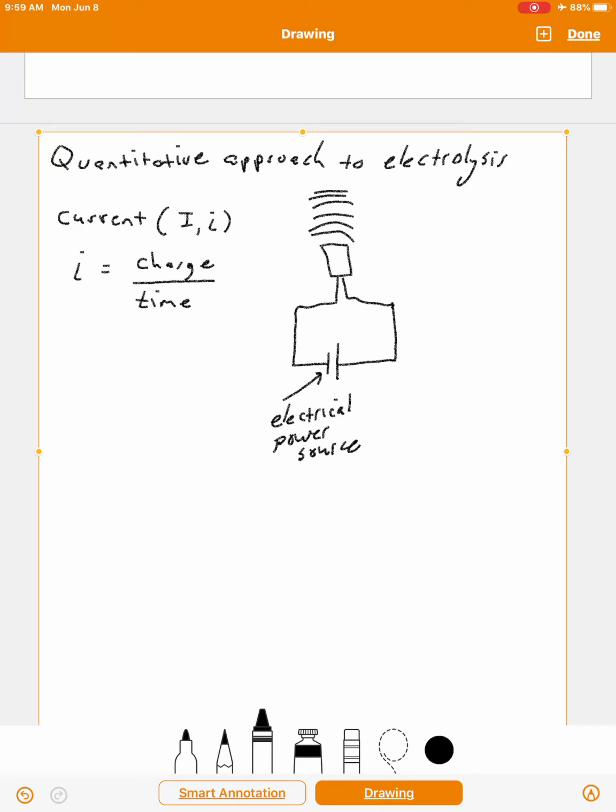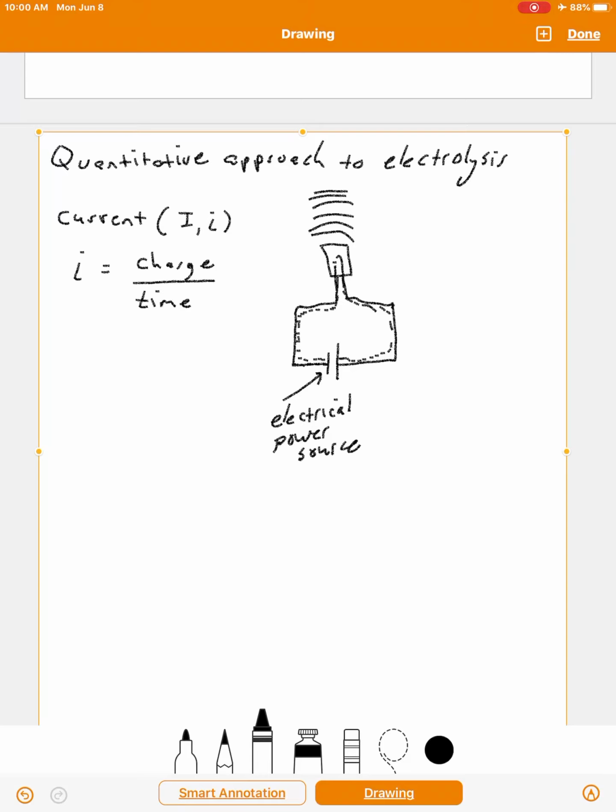Essentially what we would claim is that electrons are being pushed through this device, through the wiring, from one side of the electrical power source to the other. Okay? And so electrons get pushed. They're pushing each other through this circuit.